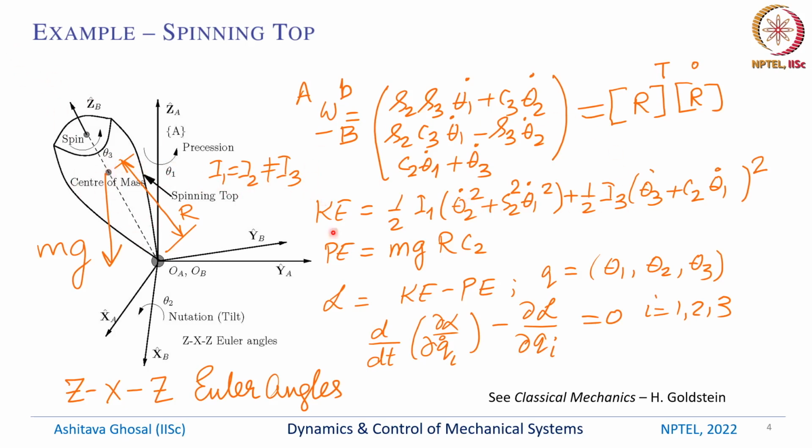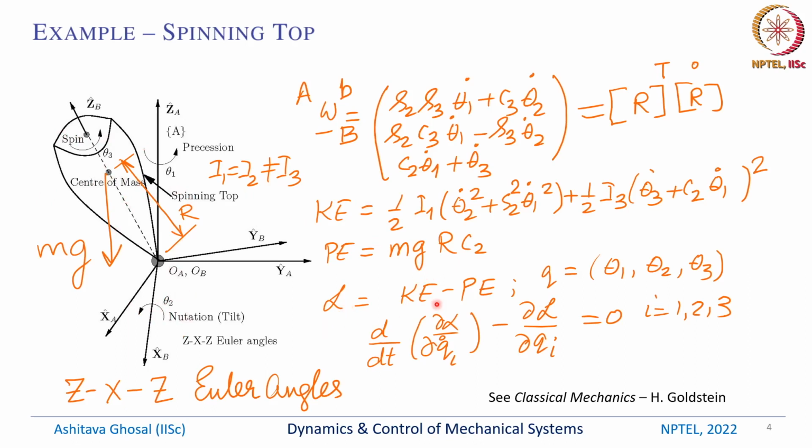Once we have this body fixed inertia matrix, we can obtain the kinetic energy, which is half I1 times theta 2 dot squared plus S2 squared theta 1 dot squared, plus half I3 times theta 3 dot plus C2 theta 1 dot, whole squared. The potential energy for this spinning top is nothing but mgr times C2. Theta 2 is this tilting angle.